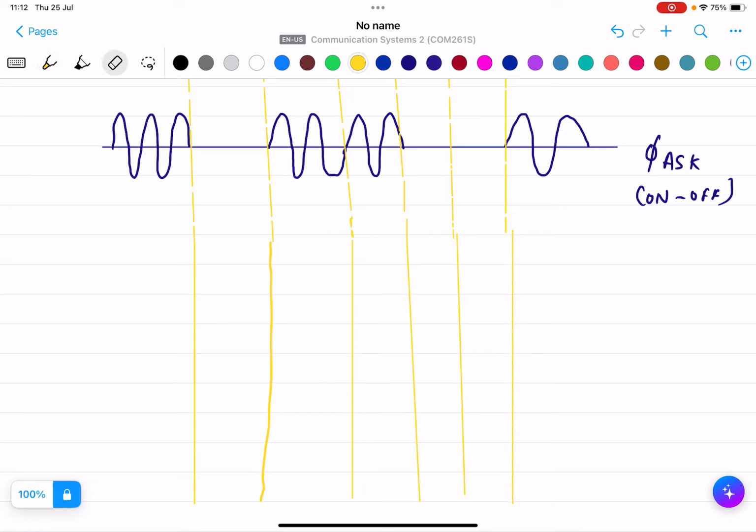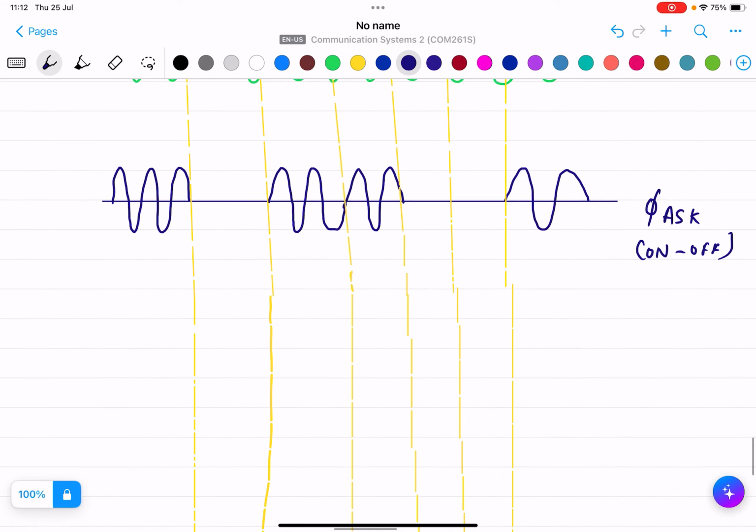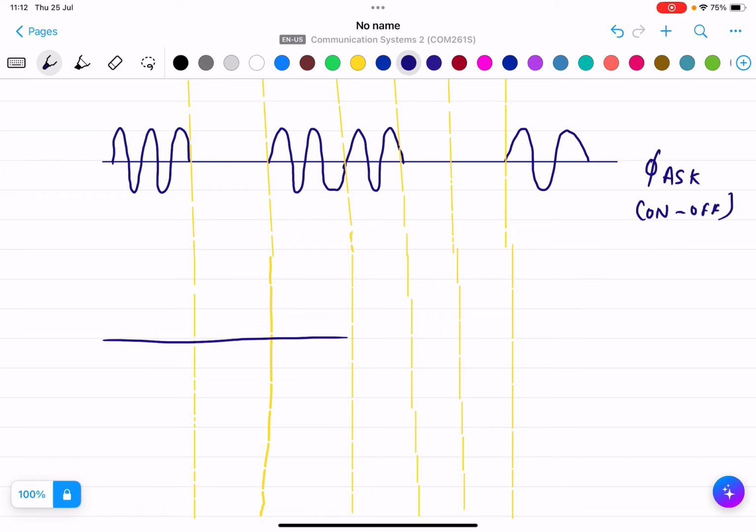I'm just making it dotted. Obviously I'm just taking the same carrier and I will draw for PSK.